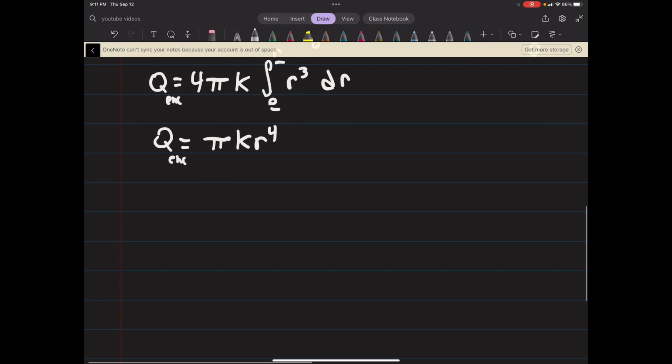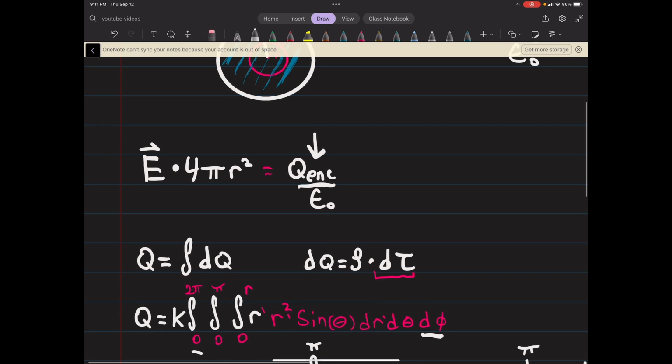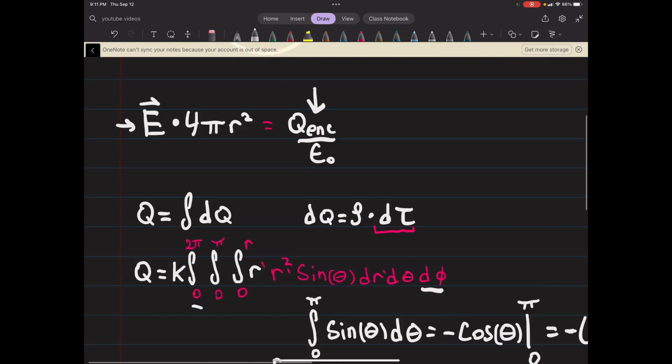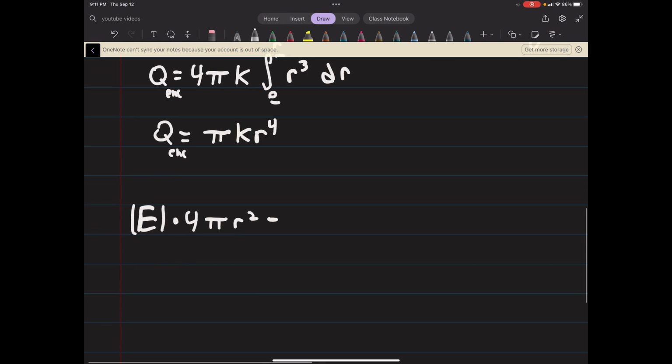So now what we can say is that the magnitude of our electric field times 4 pi r squared, remember, that's what we just got from up here, is equal to the enclosed charge, which we just found to be pi k r to the fourth, and then we divide by the epsilon naught that's in Gauss's law.